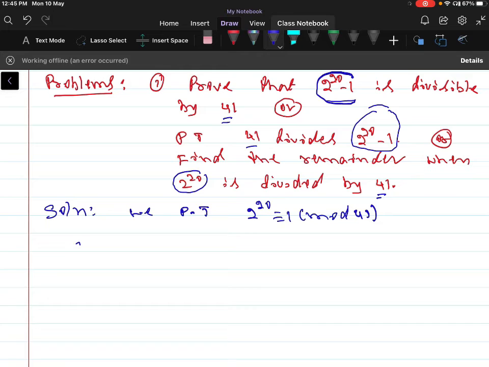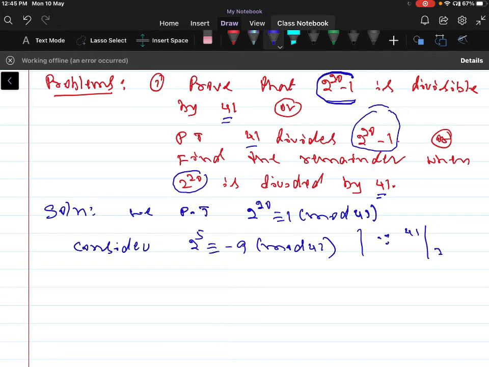Now let us consider 2 power 5 is congruent to minus 9 modulo 41, since 41 divides 2 power 5 plus 9. So this implies 41 divides 2 power 5, which is 32, plus 9. So this implies 41 divides 41.